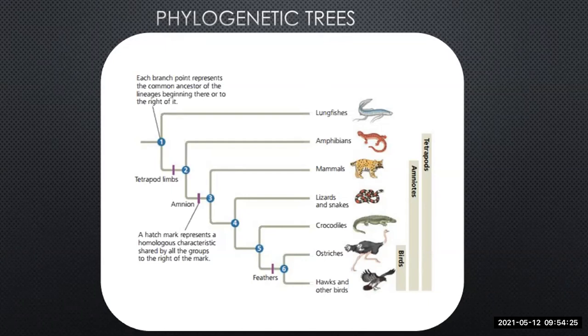And so let's start here at the bottom right where it's simplest. Let's talk about ostriches and hawks and birds. When you look at a phylogenetic tree, sometimes these branches mean something in terms of their length.